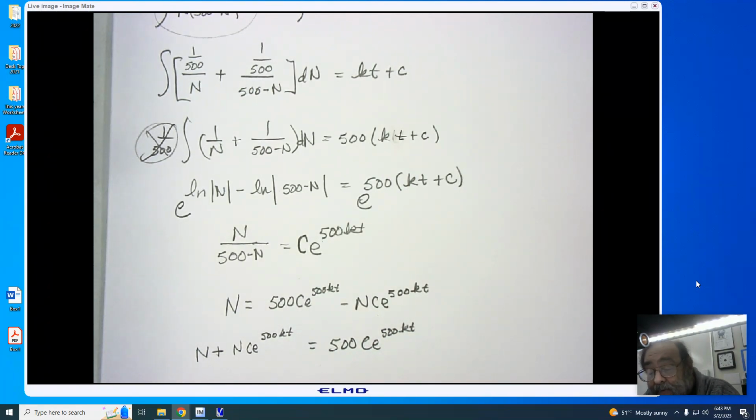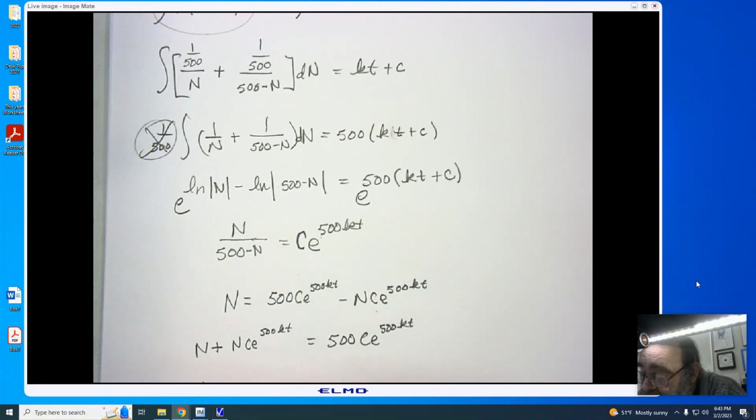We're now going to factor out the n, and I end up getting 1 plus ce to the 500 kt equaling 500 ce to the 500 kt.